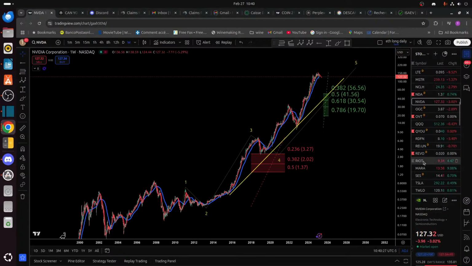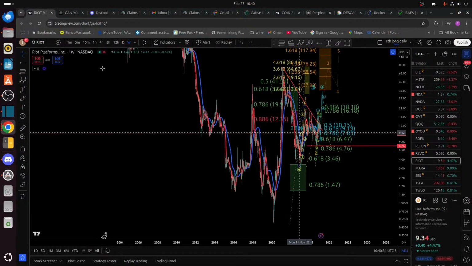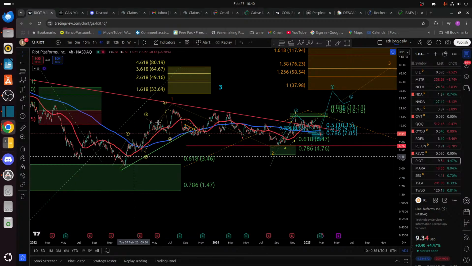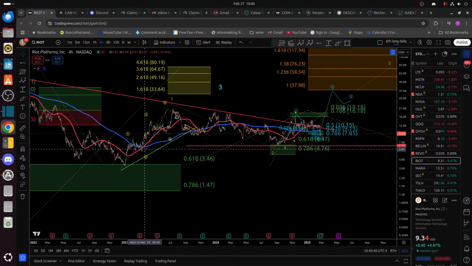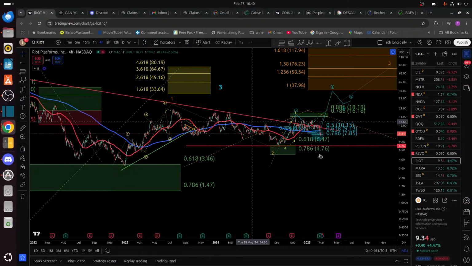And who else? We have Riot. Well, maybe not on the weekly. So we still have possibly 5 waves up, but I don't like the structure of this third wave. I still count this as a wave 1, and this as a wave 2.